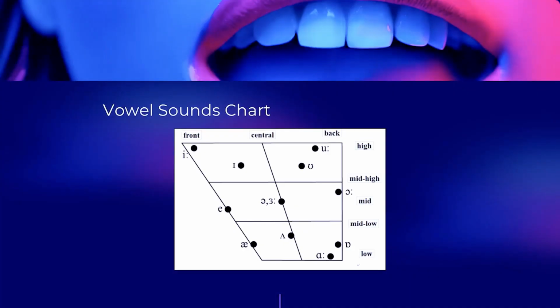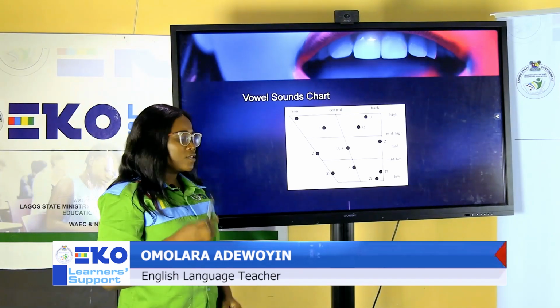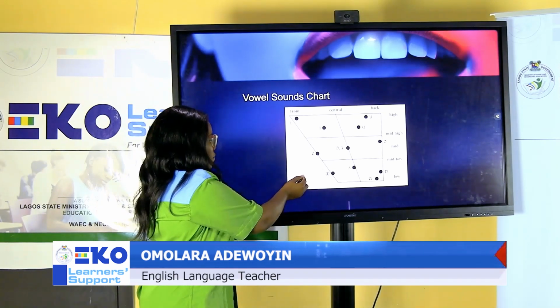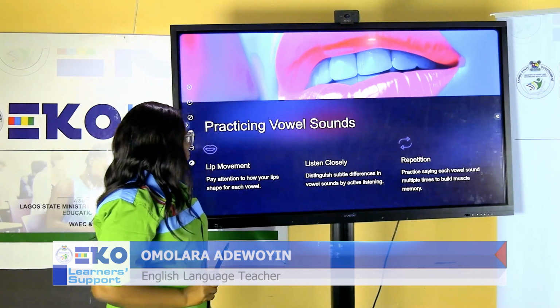The tongue is low in the mouth and where the tongue is still at the back. It moves to the back in the production of the sound ah. So all we have on this chart is what happens to vowel sounds in the oral cavity with relationship to the tongue. Let's move on.